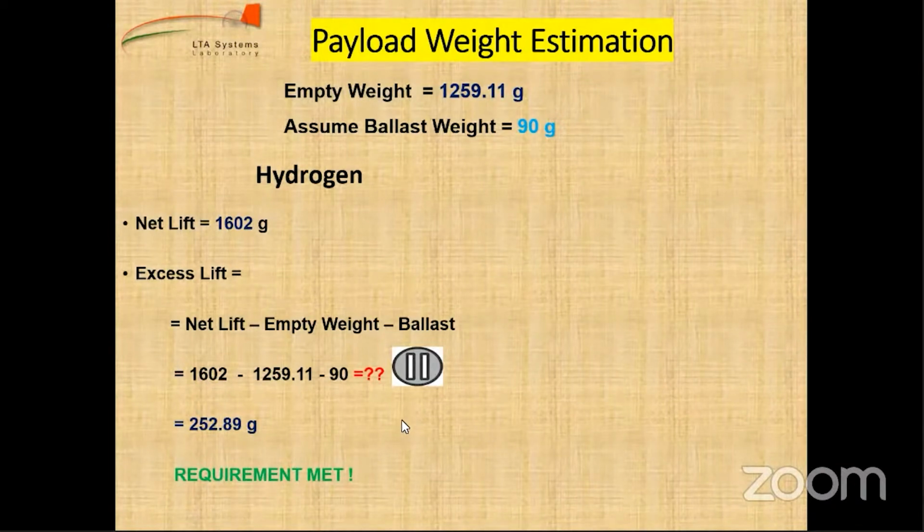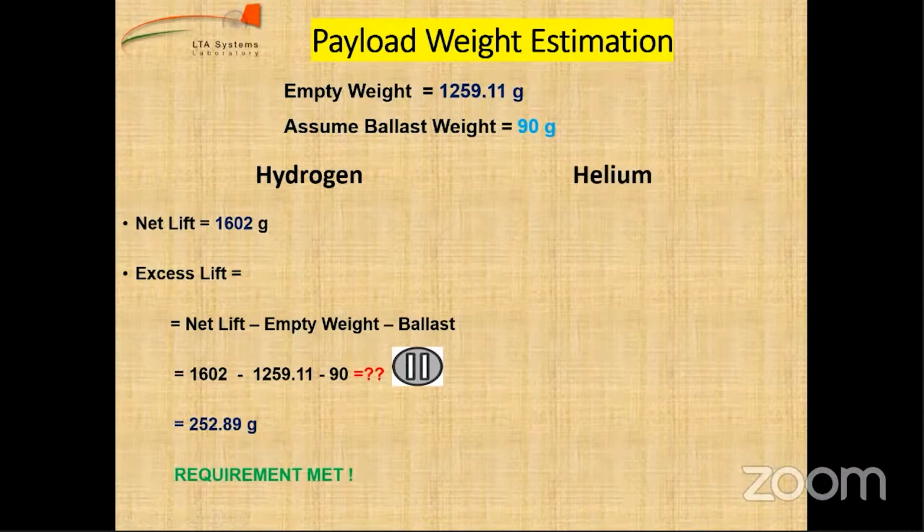Sir, we will reduce the weight of the ballast. Correct. That is the most we can do at this point because we cannot change anything else that we have done before. Ballast is something that was actually manipulated after the design was complete. So we can reduce this number and have more margin.